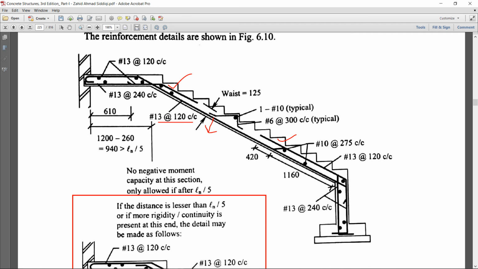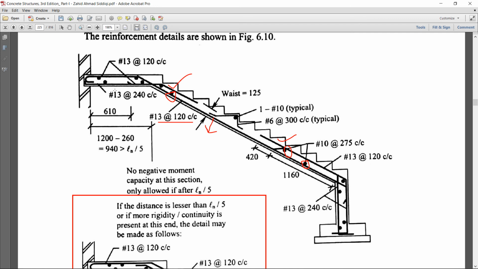This will continue along the width of the slab. Now the last one, that is the distribution steel. Here you will see all this steel is distribution steel, provided at number 10 at 275 millimeter center to center.